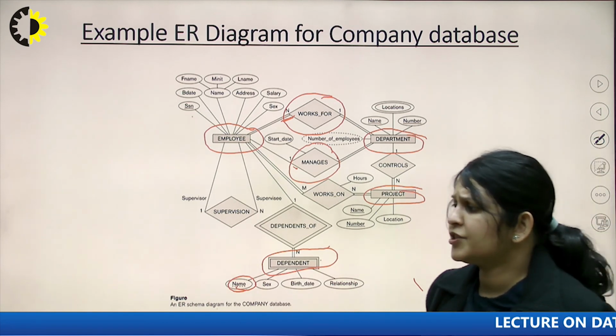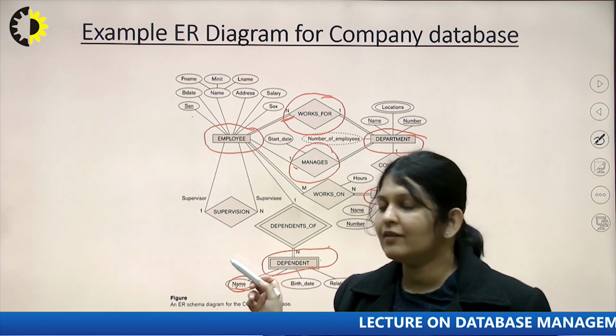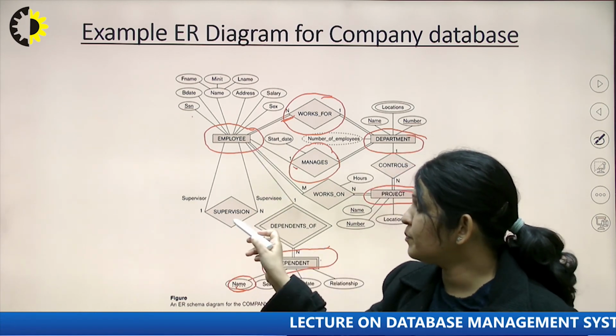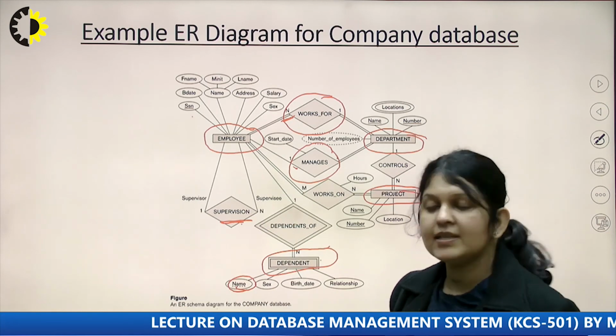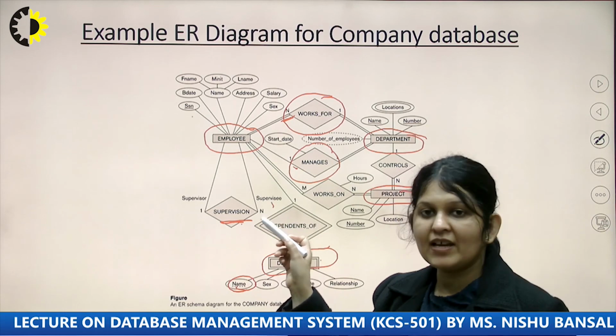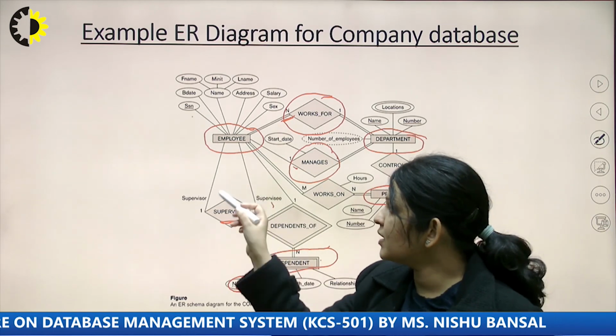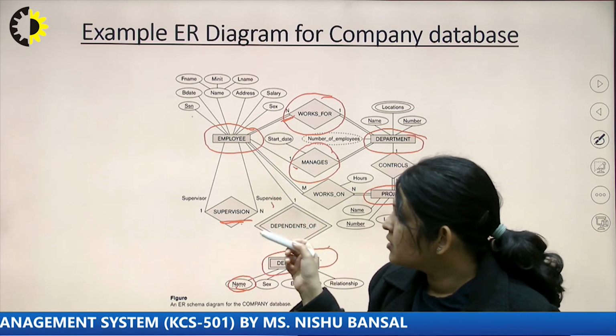Now the recursive relationship: how do we show recursive relationships? In this case we have supervision as a relationship, where the supervisor supervises the supervisee. This is within the same entity type, that is employee.